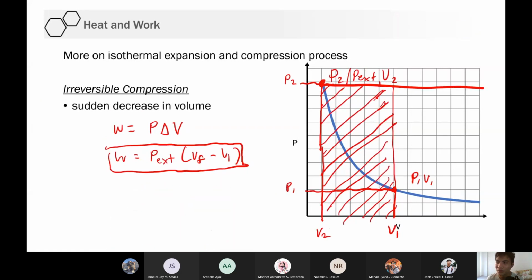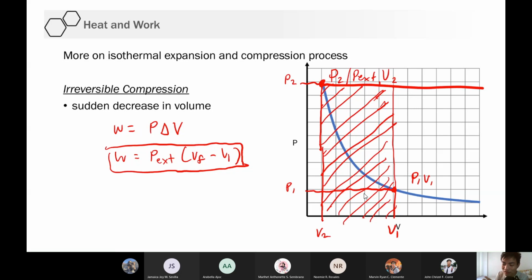Irreversible po. Irreversible. Kaya kapag mayroon kang kunwari piston, hindi ko alam kung nakaka-experience kayo nun, pero ako dati kasi pag may minemekaniko sa sasakyan, may piston yun. Tutulak mo, ang hirap. Pero pag hinayaan mo lang siya, kayang-kaya niya mag-isa. Pag kinompress mo yung biglaan, sobrang effort kailangan mo ibigay, sobrang work kailangan mo gawin.